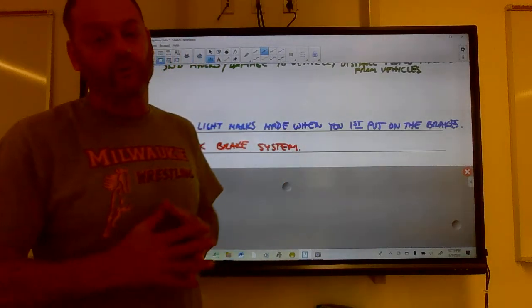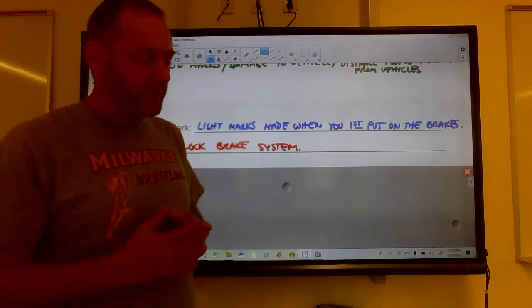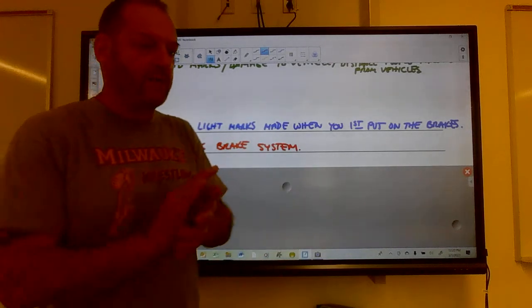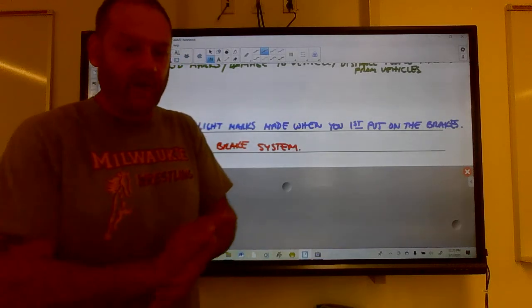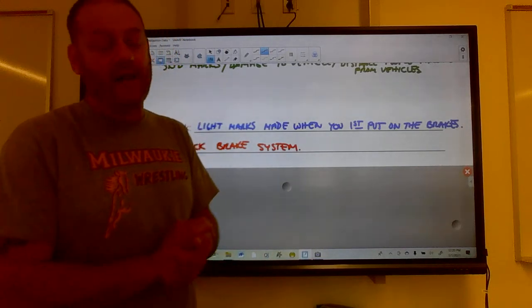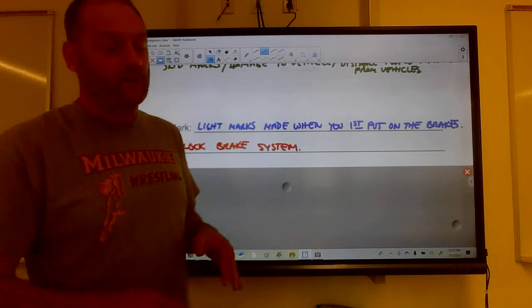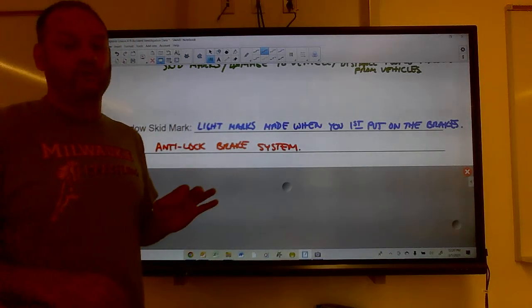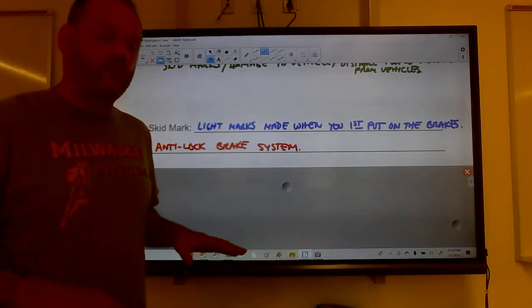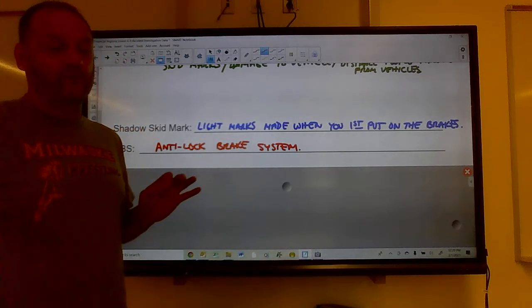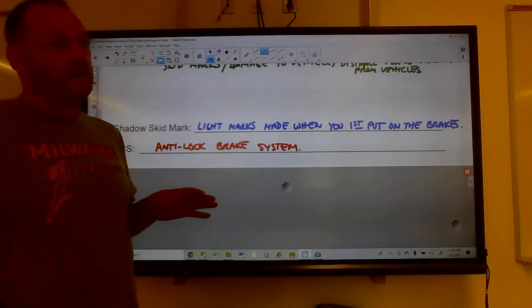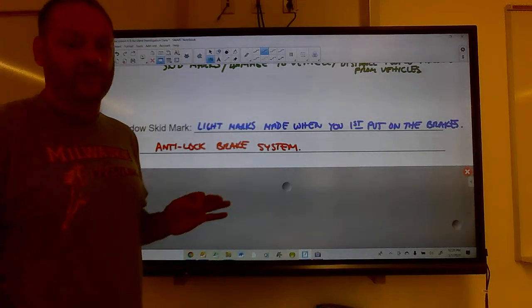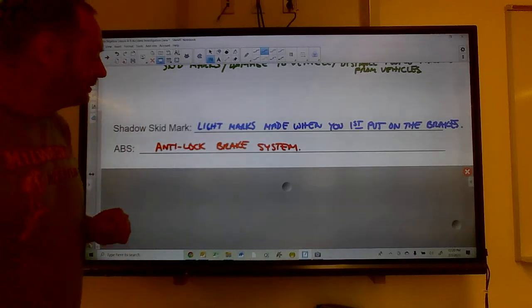You will have no control over the vehicle. With anti-lock brakes, they apply the brakes, let them off, apply the brakes, let them off, and it does it automatically, much quicker than you could possibly do it. It prevents you from locking up the wheels. It feels like you're not going to stop in time, but you actually stop much quicker.